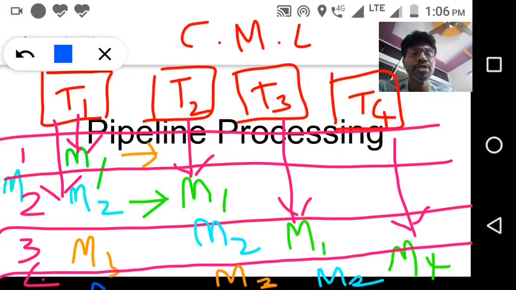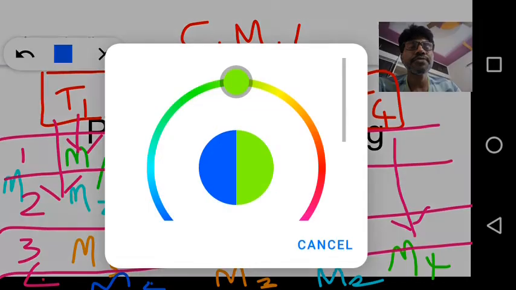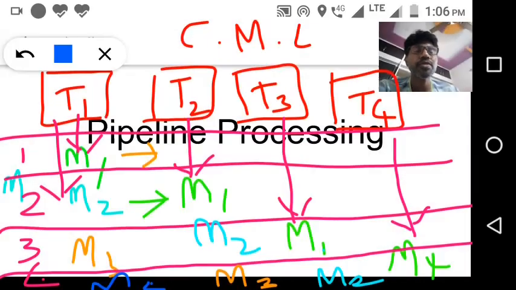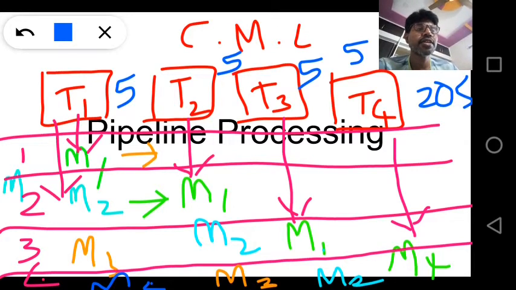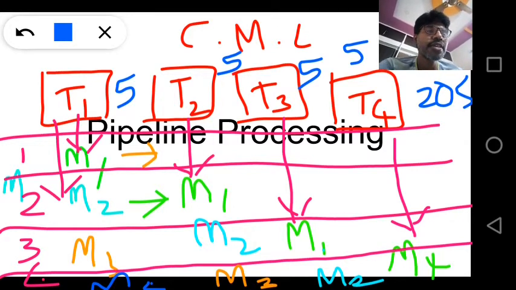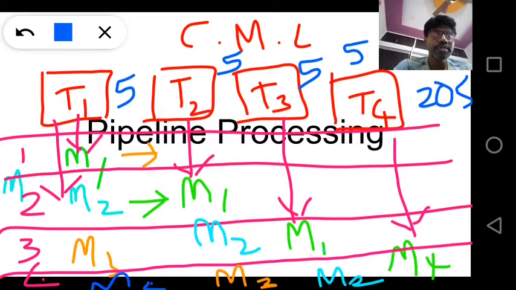So from the 4th cycle onwards, you get output. See, if T1 takes 5 seconds, T2 takes 5 and T4 takes 5, total 20 seconds. After 20 seconds, for every 5 seconds, you get the output.